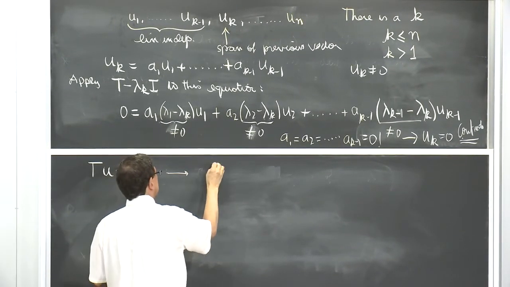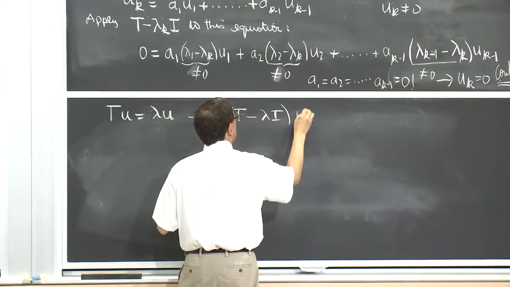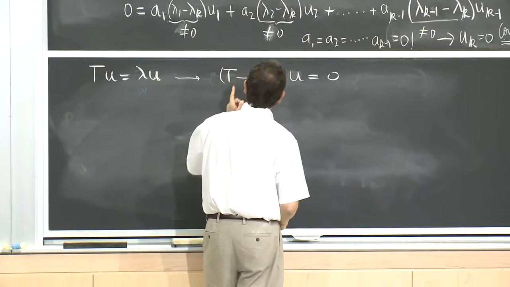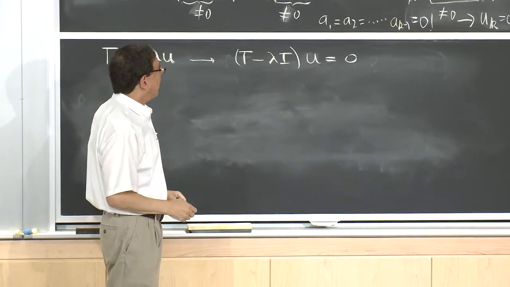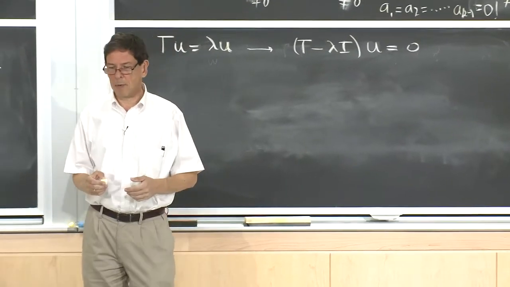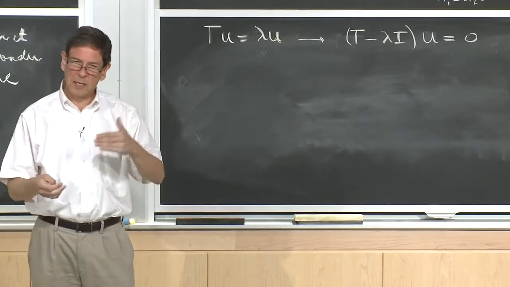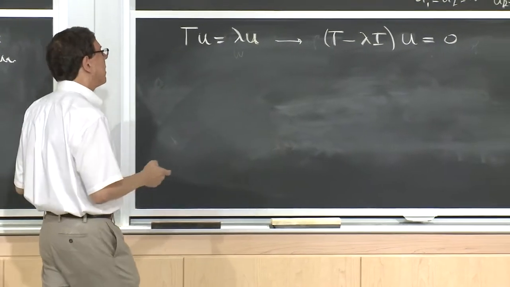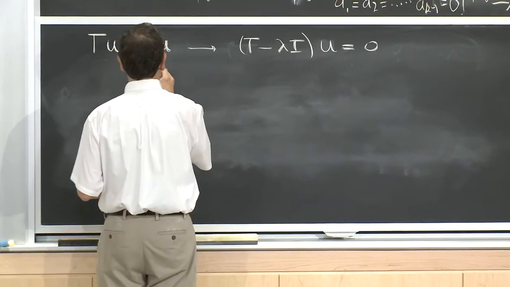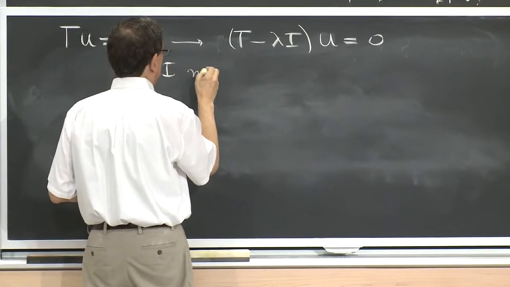could be written as T minus lambda I acting on u equals 0, which means this operator T minus lambda I is not invertible because it's not injective. And we proved not injective is not invertible in finite dimensions. So T minus lambda I is not invertible.